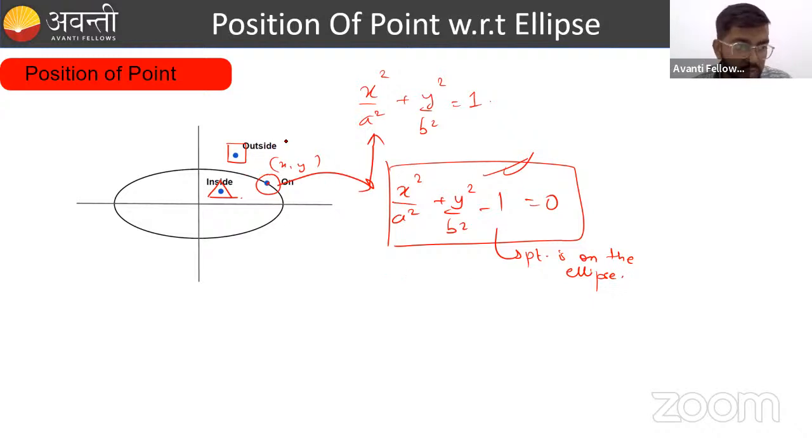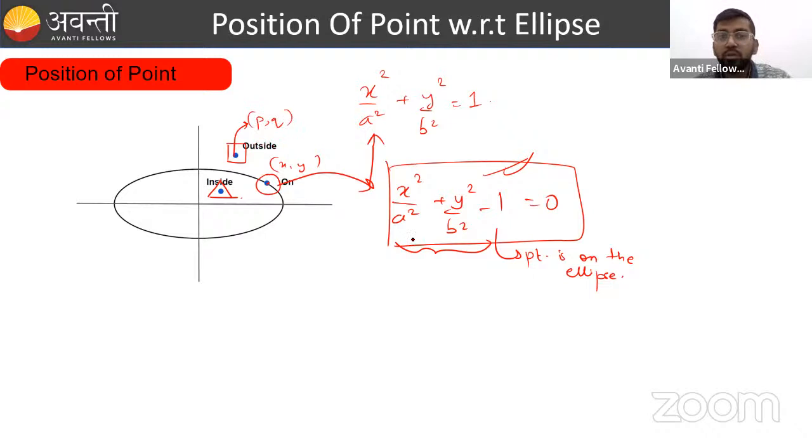What about outside? When the point is outside the ellipse, we have to judge through this value itself. Consider the point (p, q).